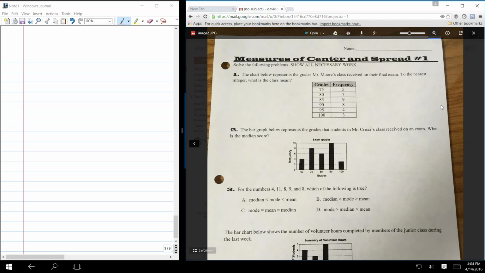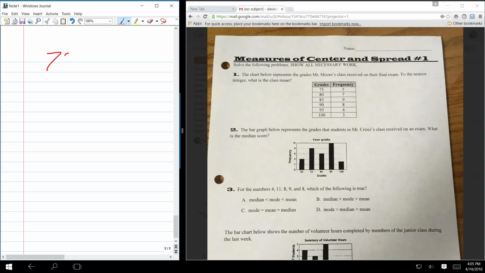Okay. How would I find the mean on number 1? You add up all the numbers and divide by the amount of columns there. Okay, so get me started. What would the first numbers that I would add up? 75, 80.